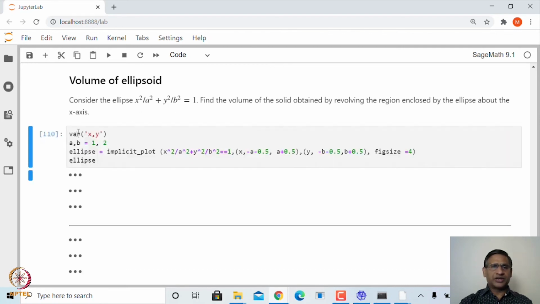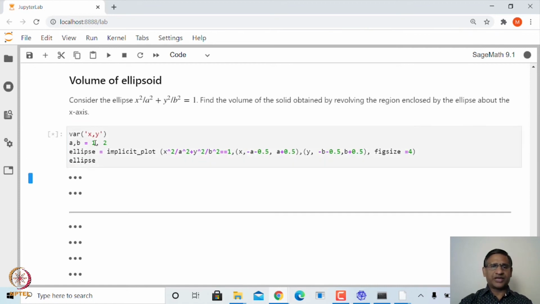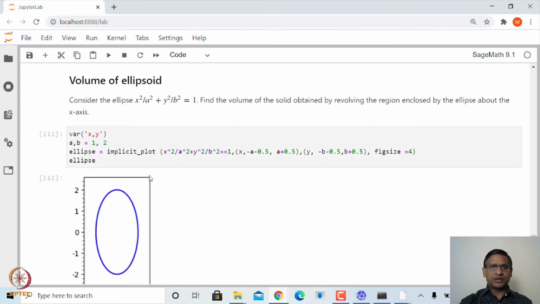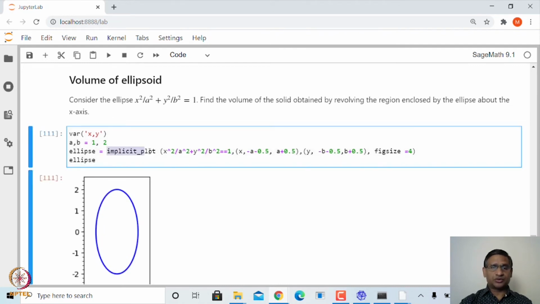So, let us first plot the graph of an ellipse between minus a and a. So, this is using implicit_plot x square upon a square plus y square upon b square is equal to 1, x varying between a minus 0.5 to a plus 0.5. Here we have taken a as 1, b as 2 and b varying between b minus 0.5 to b plus 0.5. So, this is the ellipse.